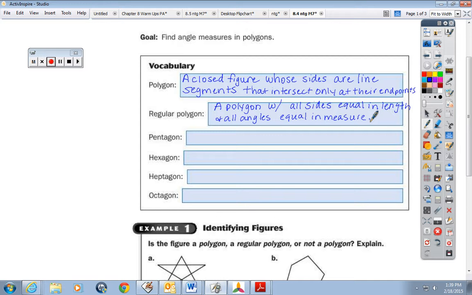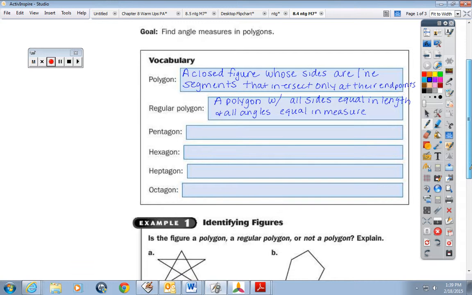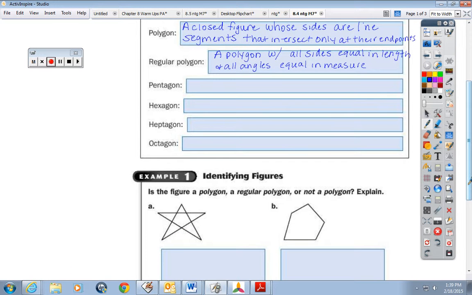Now, the rest of the vocabulary words have the Latin prefix, where the first part of the word means the number in Latin. So you've got a pentagon, which means 5. Okay, so a pentagon is a polygon with 5 sides.